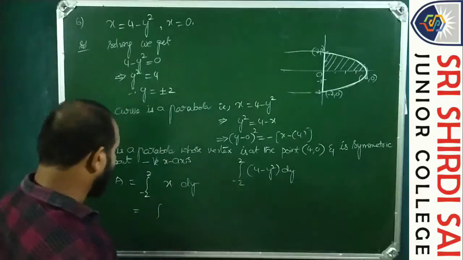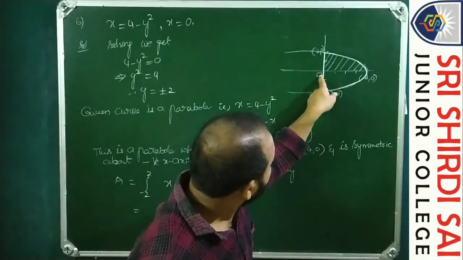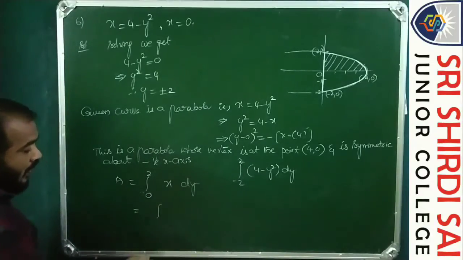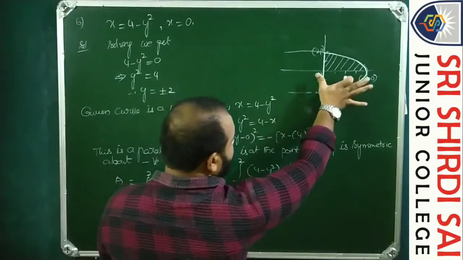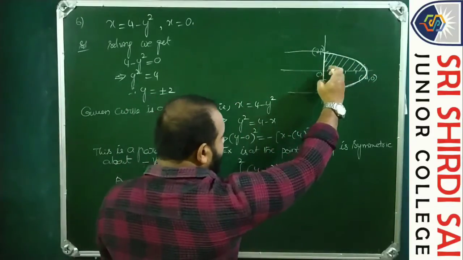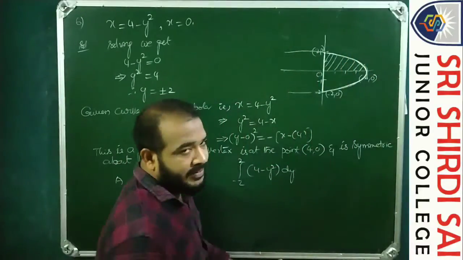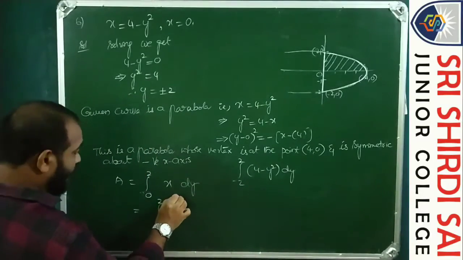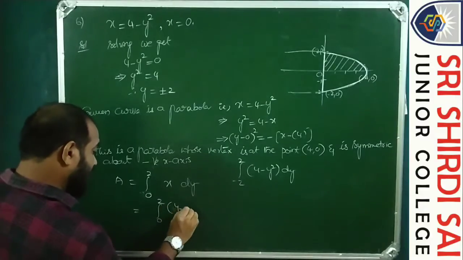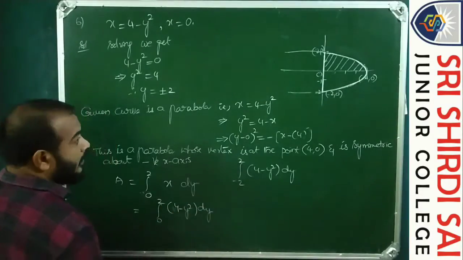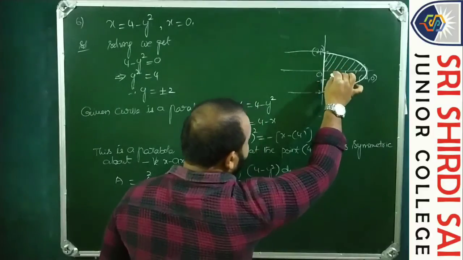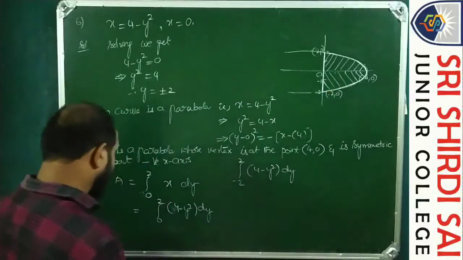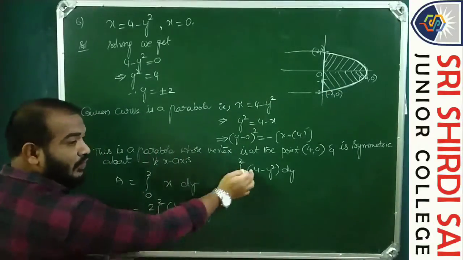Otherwise this is similar to 0 to 2 x dy, and if we multiply this with 2, then we get this whole area. Both are equal. So 0 to 2 of 4 minus y square dy into 2 gives this area also.